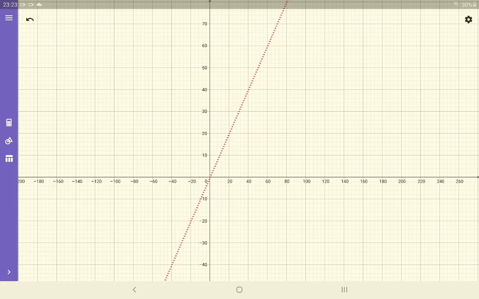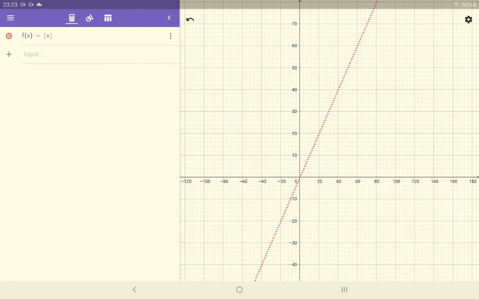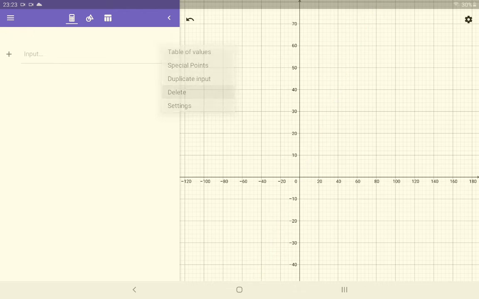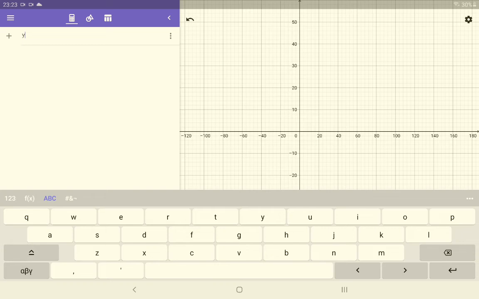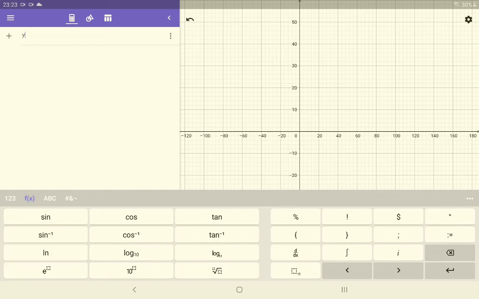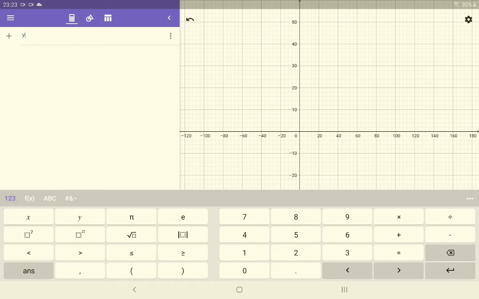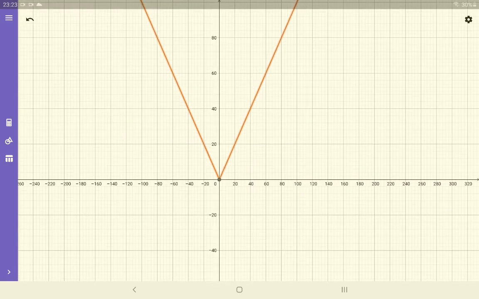Now see the modulus function or absolute value function. What is meant by the modulus function? If I have y in the form of mod, means bar, 2 bars. My value is enclosed in bars here. Mod x. See, it is the graphical structure of the modulus function.